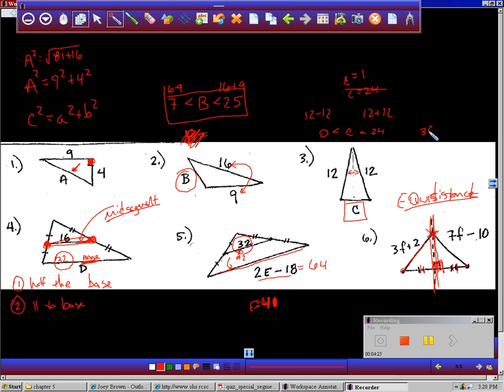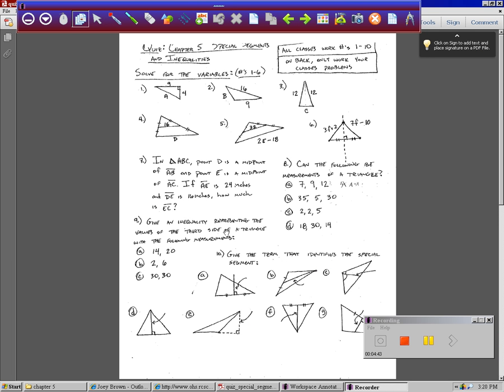So you're going to work this out: 3f plus 2 has to equal 7f minus 10. Solve it. Pause on your video. That's right, f equals 3. Okay, good. So let's move on to something else.